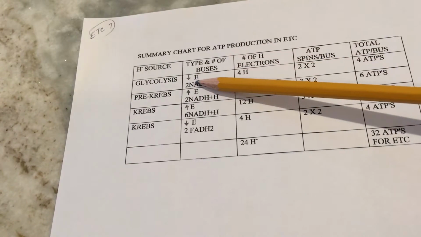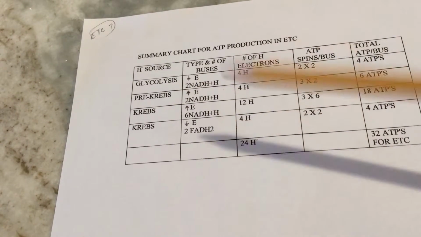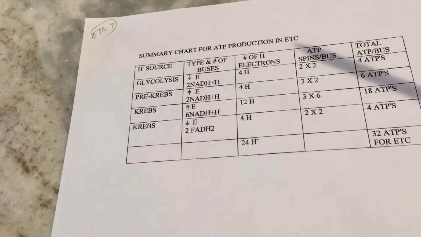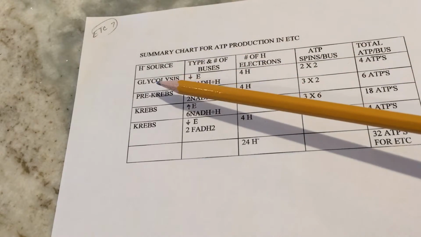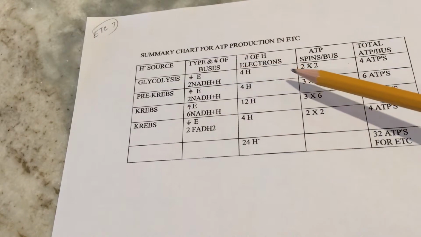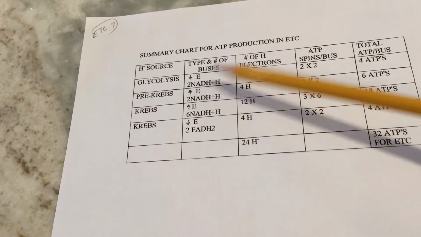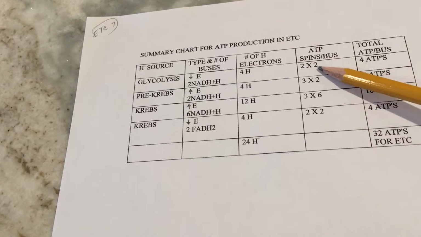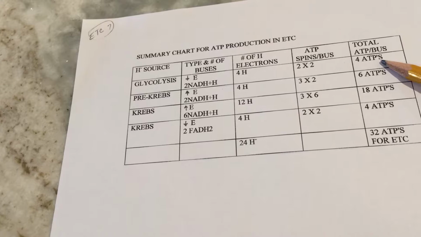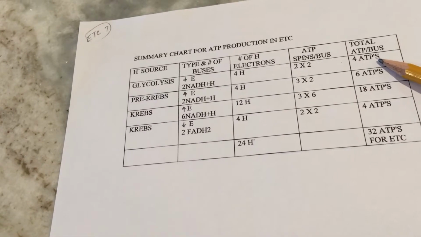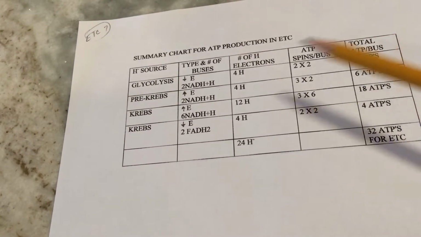So, high-energy buses spin ATP synthase 3 times. Low-energy buses spin ATP synthase 2 times. So, if glycolysis has a low-energy bus, we've got 2 of them, it's going to spin it 2 times. So, the hydrogen from glycolysis produces 4 ATPs.